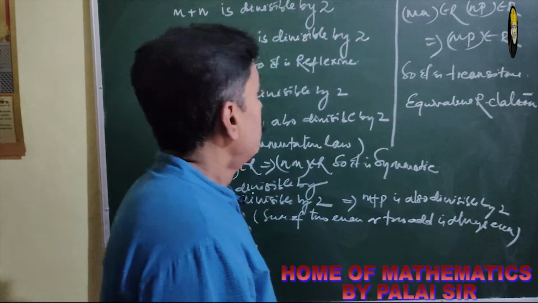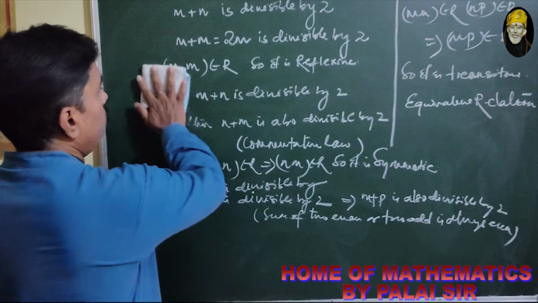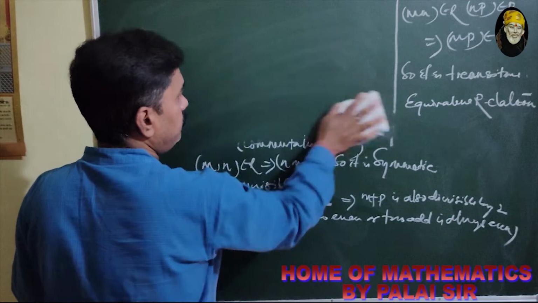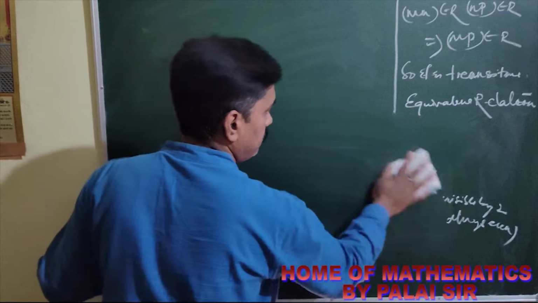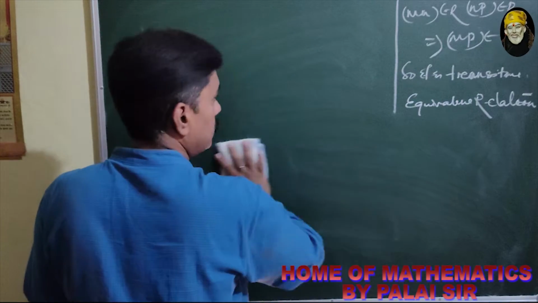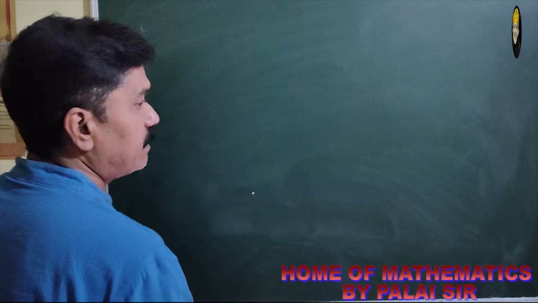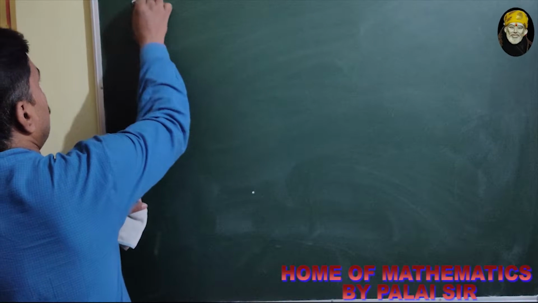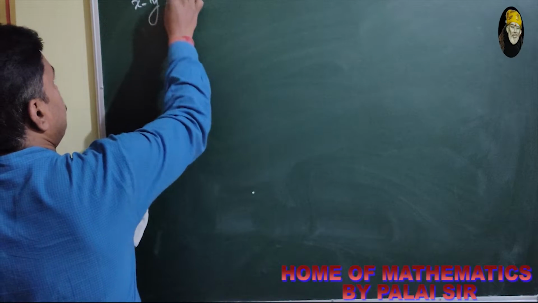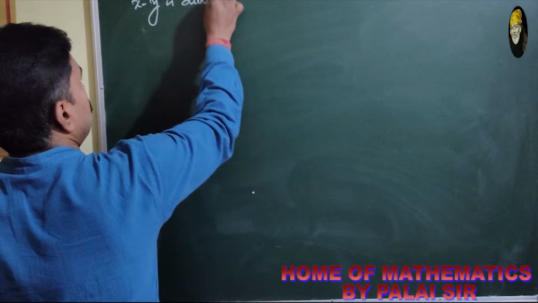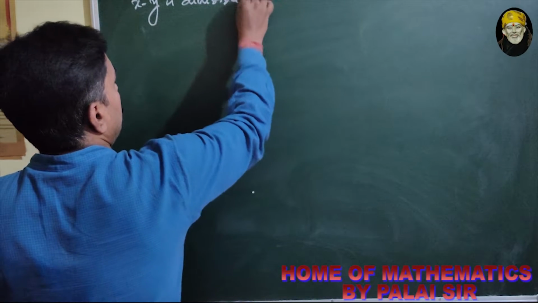Clear now? So here, suppose another problem we are taking: x minus y is divisible by 5.